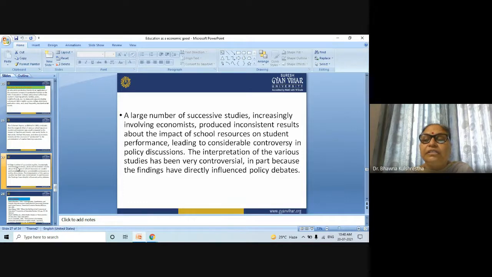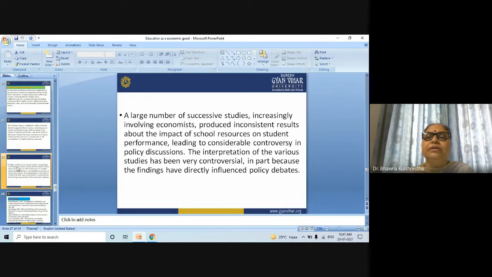And these are the additional policy discussions about class size reduction and heightened academic study of the relationship of class size and achievement.